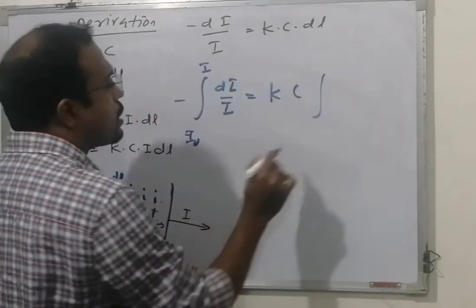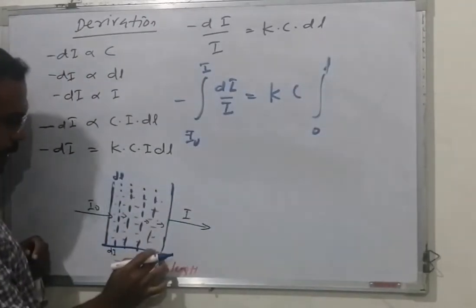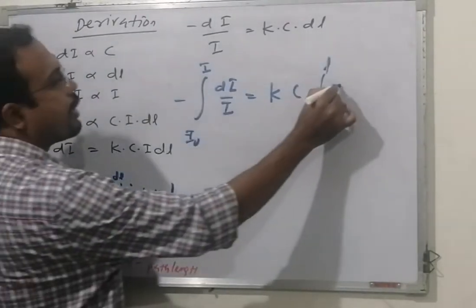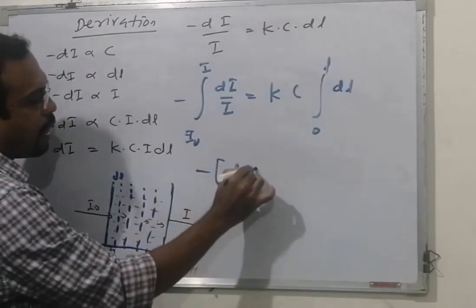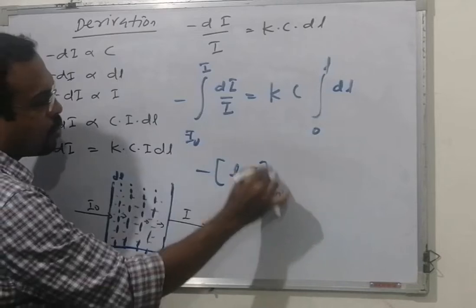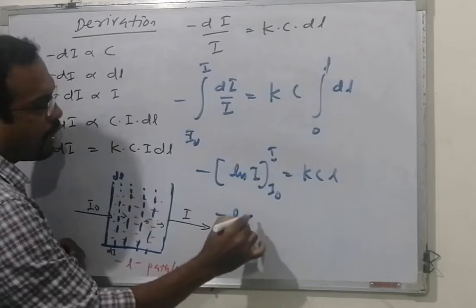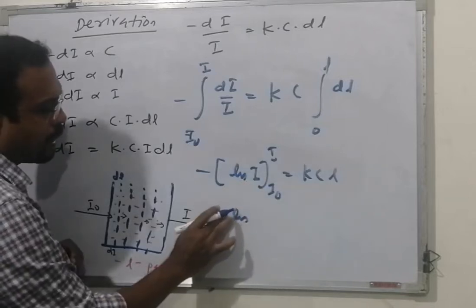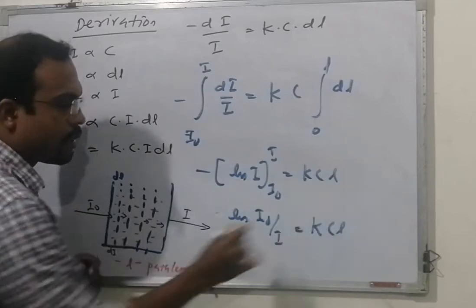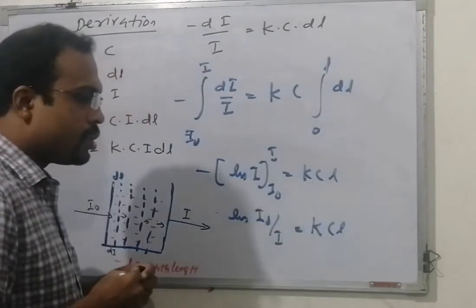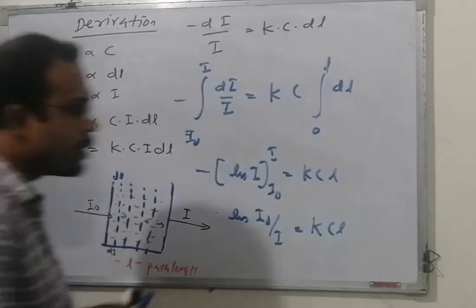Therefore, it is also constant. dl from 0 to L. This is the larger length, L. When you integrate, this is minus ln I0 to I is equal to k c L. Minus ln, you will get I minus I0, is equal to k c L. Minus ln I by I0 is equal to k c L. You will get like this.